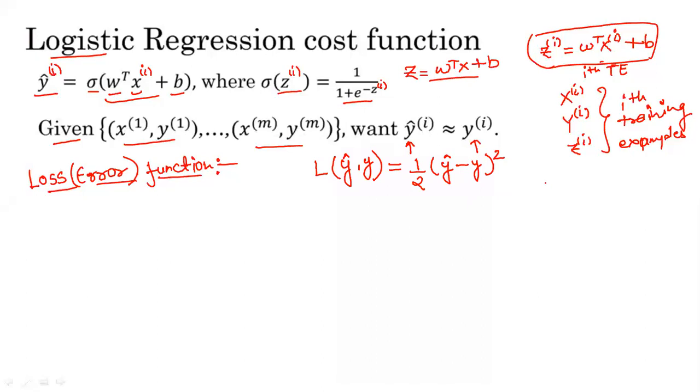The cost function finds the error or the loss by taking all the M training examples. But here we have defined the loss function, so the loss function defines the error between the predicted outcome and the actual outcome for only one training example. This has to be kept in mind.